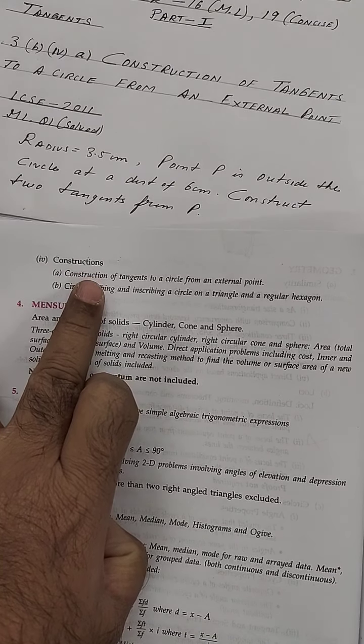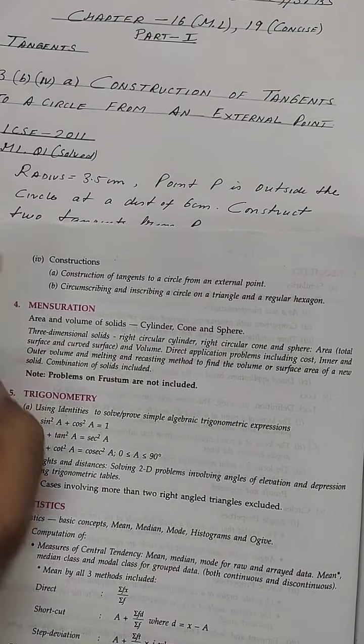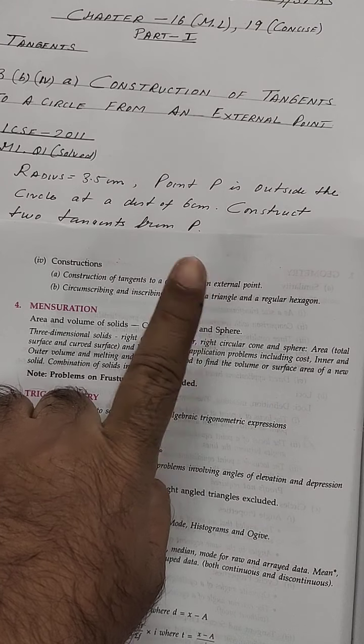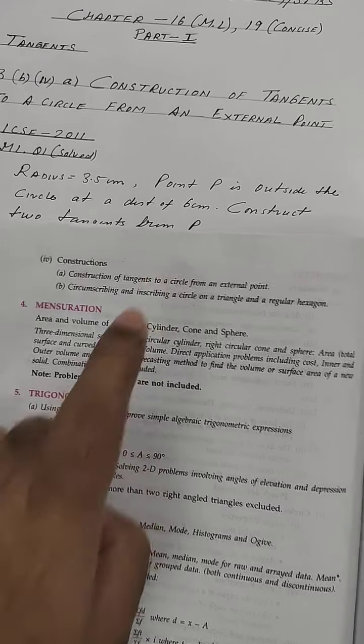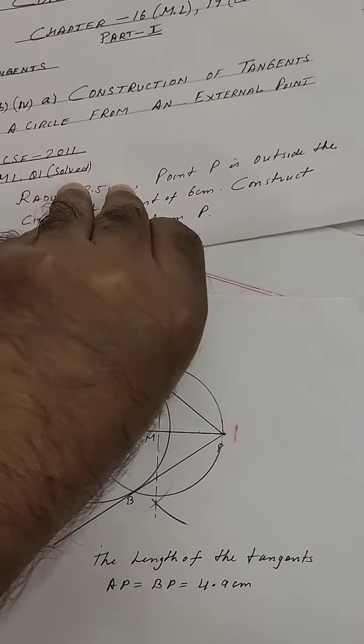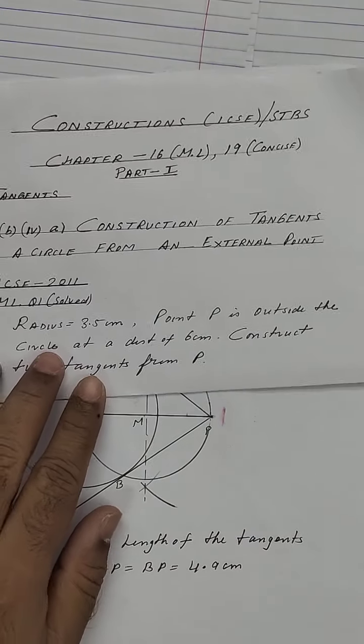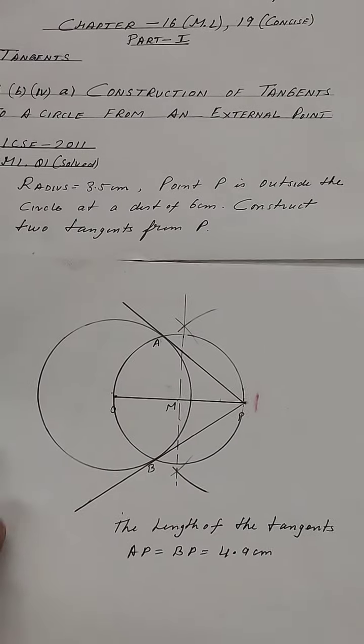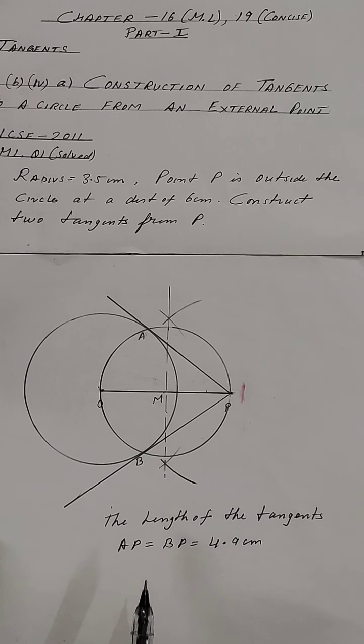Then we have mensuration. Part 4 is construction. The first thing I did was construction of a tangent to a circle, and in the next video you will see one more sum. This was ICSE 2011, solved from ML Agrawal's book. Once more, how we are doing it, please see.